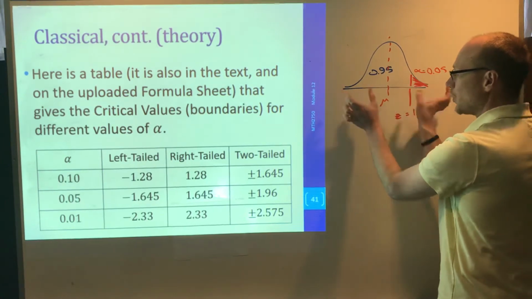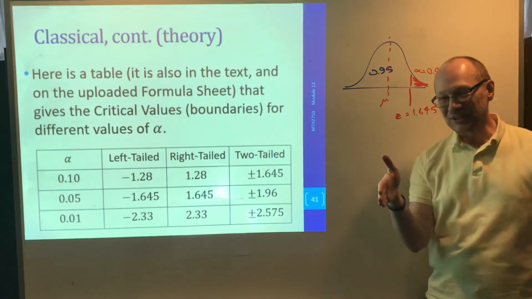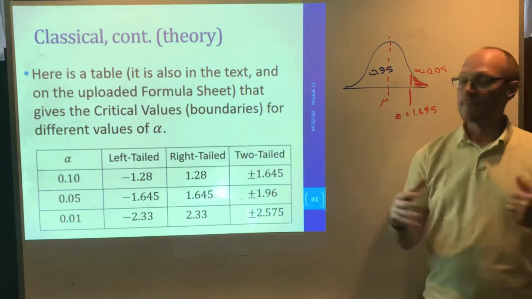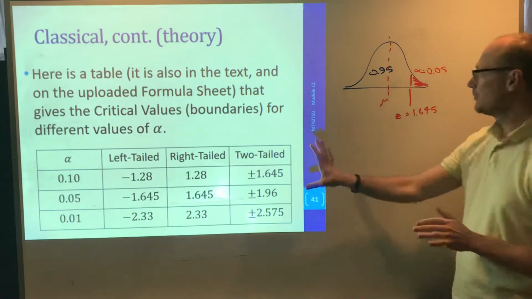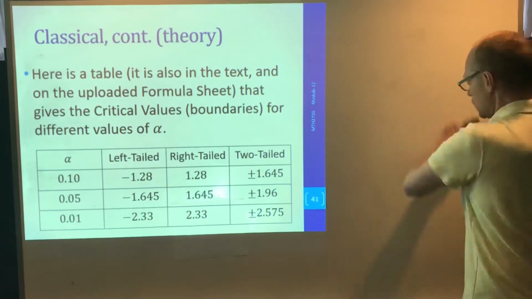So we have a plus or minus tail there to show that it's either statistically significant on the low side or on the high side. Okay, so hopefully that's enough to see what's going on with those critical values.